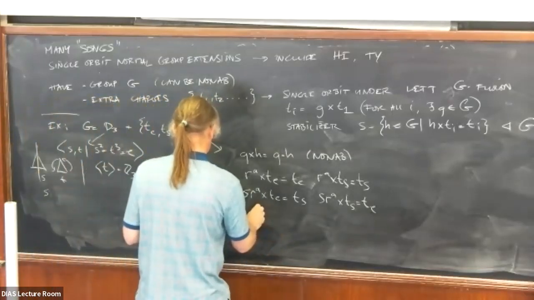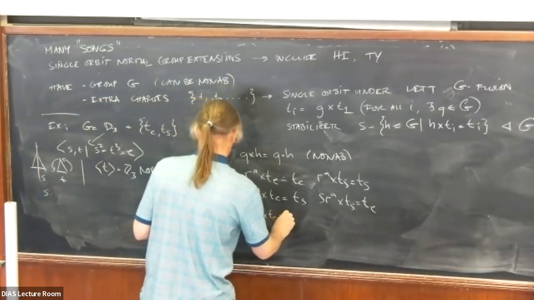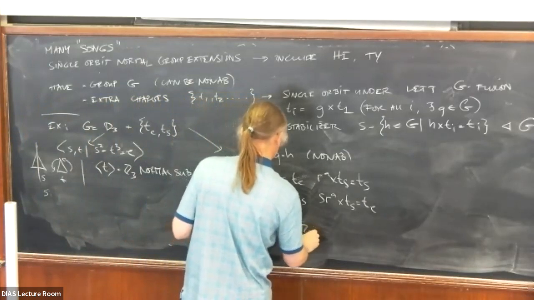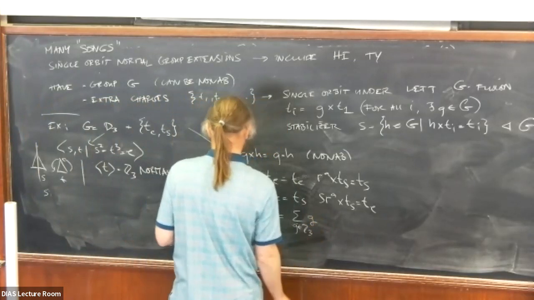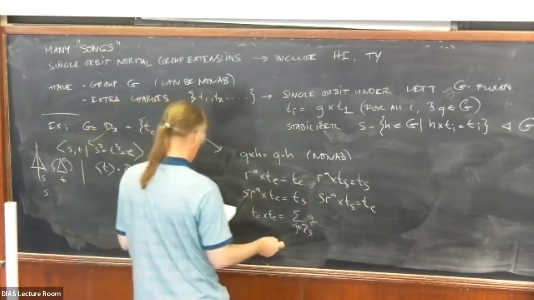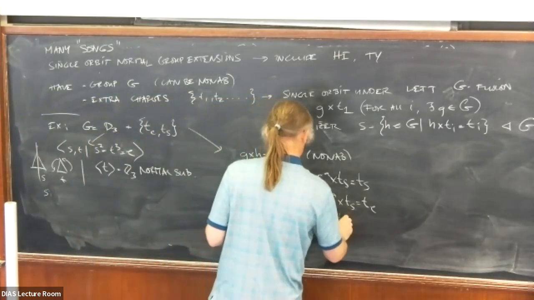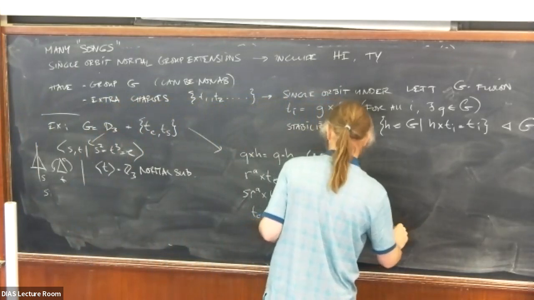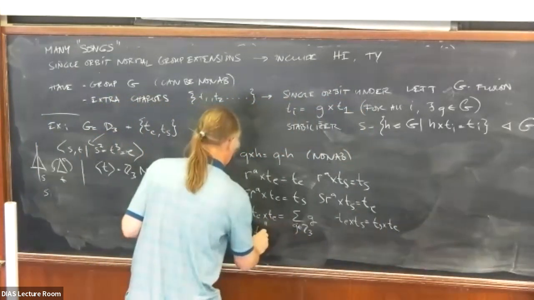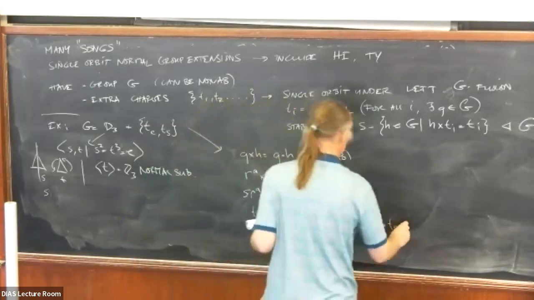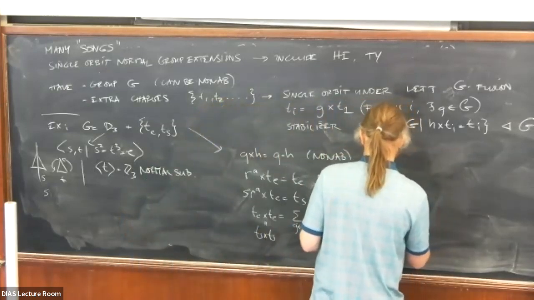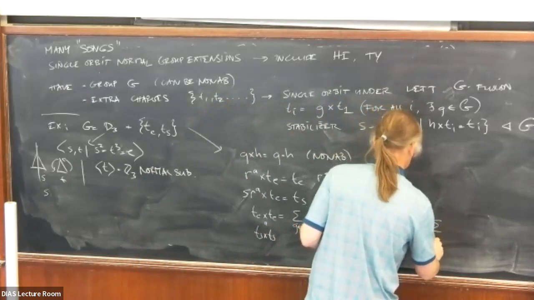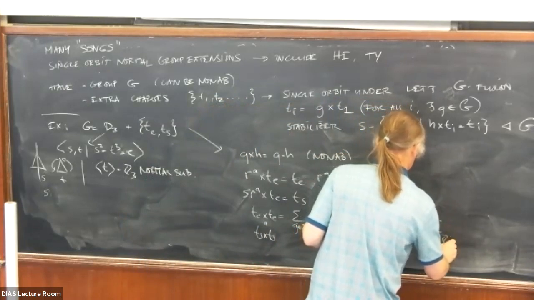And finally, T_e times T_e is just the sum over the elements in Z3, so e plus r plus r squared. And T_e times T_s is also equal to T_s times T_s, and this is equal to s times the sum over the Z3.